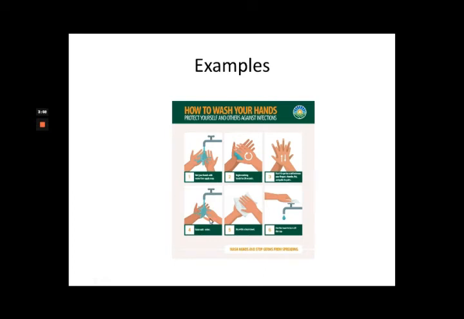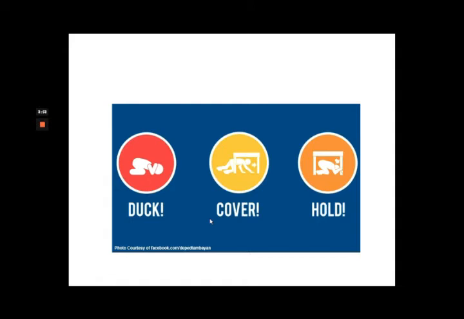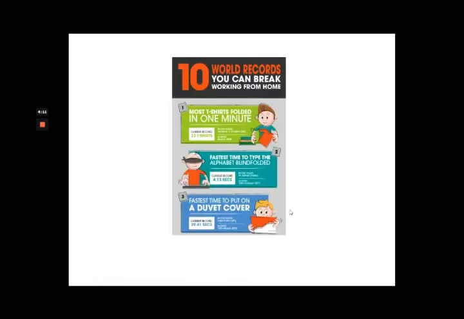So next, another example, class, is the duck, cover and hold. As you can observe, since you write duck in your text, then your graphics should also be in line with the text. So cover and hold. Another example is this, 10 world records you can break working from home. So this information or text in your infographic is also in line with the graphics.